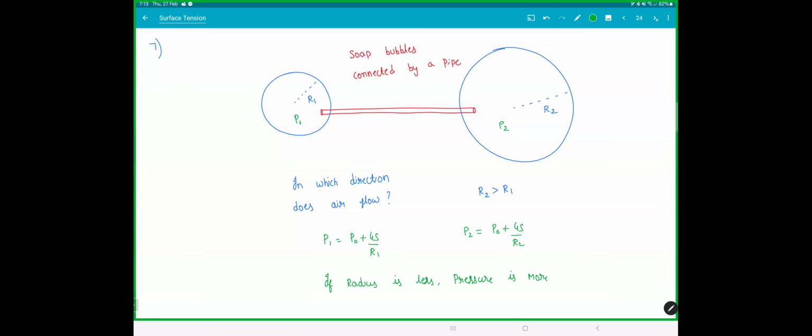And we know air flows from higher pressure to lower pressure. Therefore, P1 is greater than P2. So smaller bubble becomes smaller, bigger bubble becomes bigger. Is that clear, everyone?